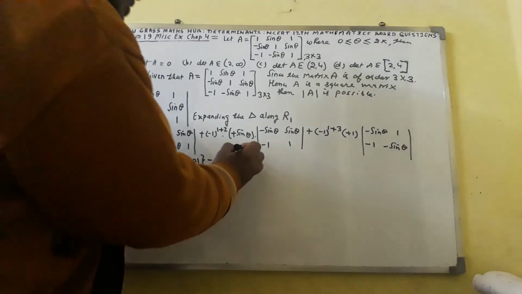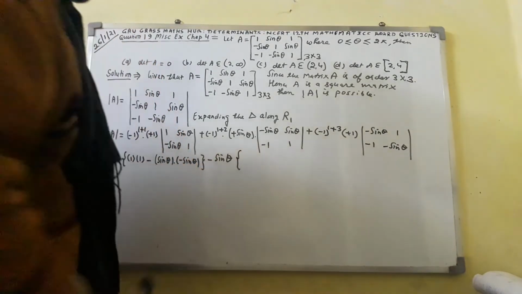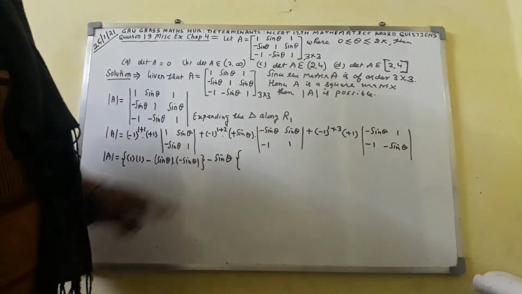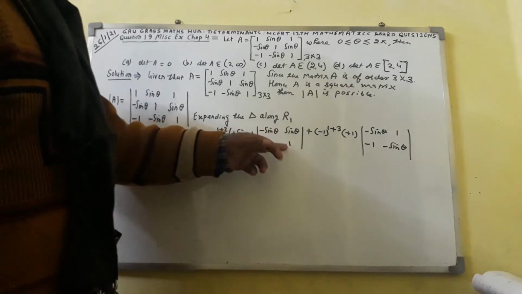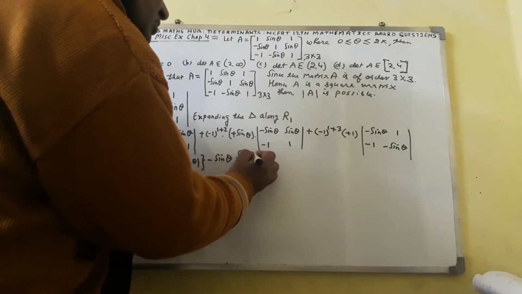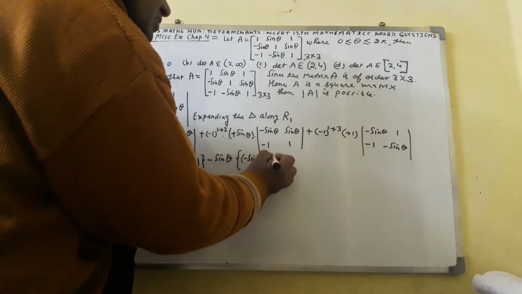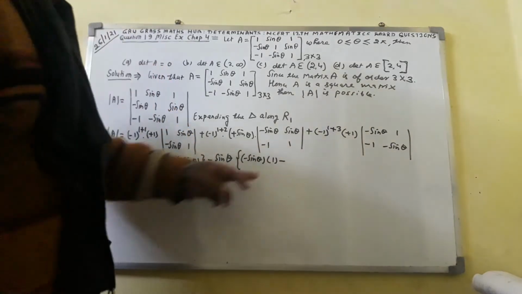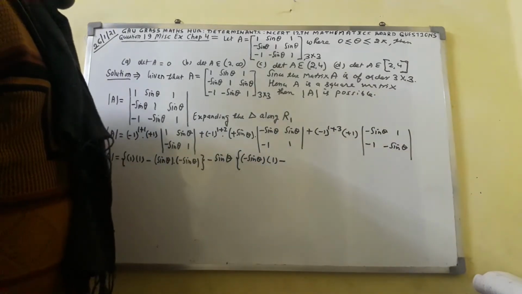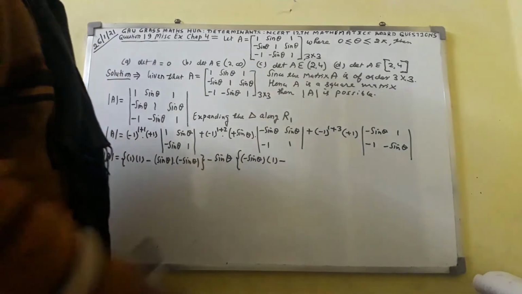It is okay. Now open here curly bracket and elements of principal diagonal minus sin theta and 1 will multiply together. So we will get here minus sin theta. 1 will multiply, minus. Here minus is constant, and also the elements of reverse diagonal will get multiplied together.